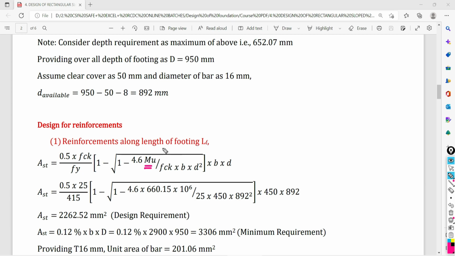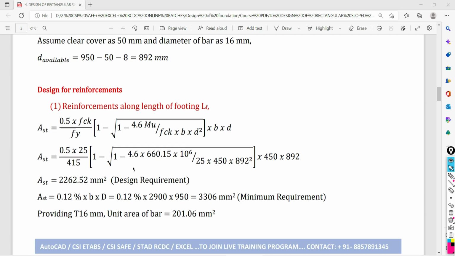So we want to calculate the reinforcement along the length. So accordingly, the moment along that particular direction we have to consider. Thereafter, divided by FCK multiplied by width that we have calculated earlier multiplied by the square of effective depth available. This overall value you have to multiply with width available multiplied by effective depth. Put all of these values in this equation.